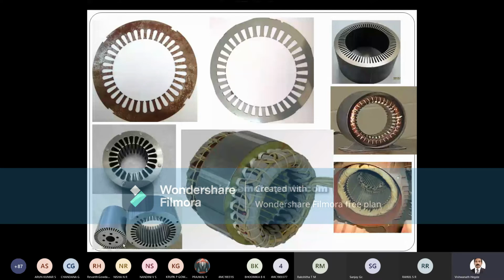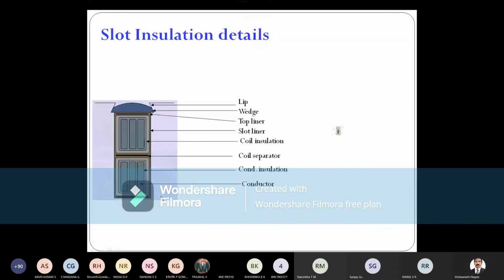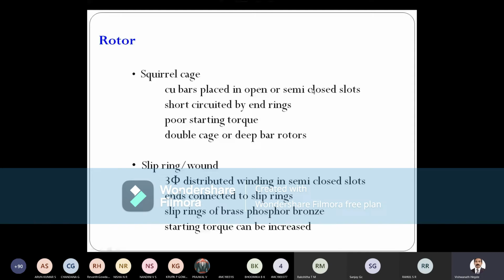These are all rivet holes, or maybe sometimes ventilating ducts also. Okay, this is the central hole for the shaft. This is the rotor core. You can clearly see these are all closed slots. Sometimes in little larger or medium machines, the rotor is semi-closed. In large machines, it is open.